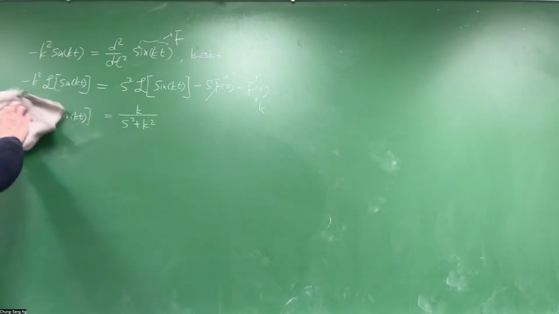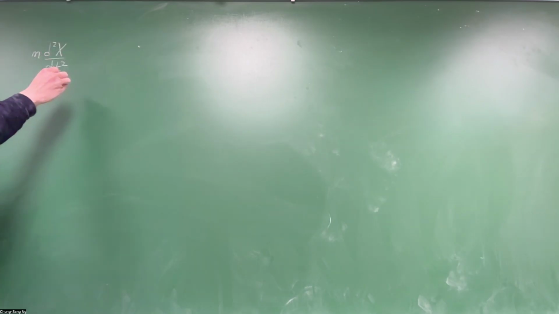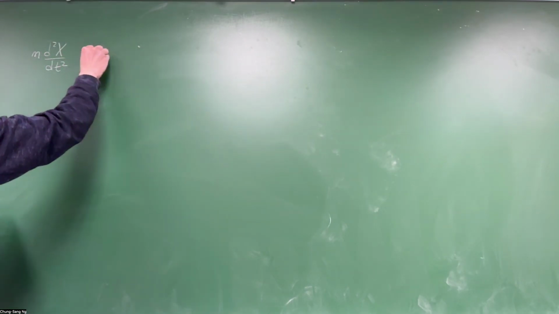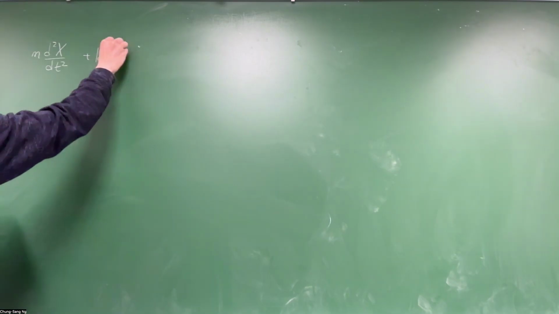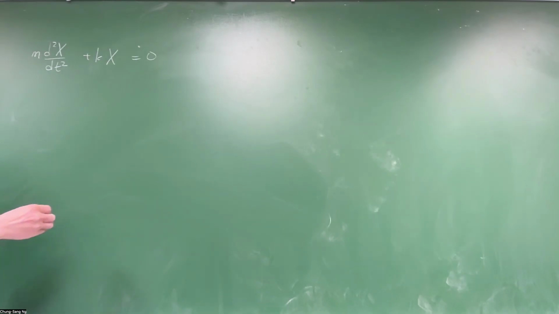The next one is slightly less trivial, but you know how to solve this differential equation anyway. We just use the Laplace transform method to solve it. This is a simple harmonic oscillator, x double prime plus k x equals 0.